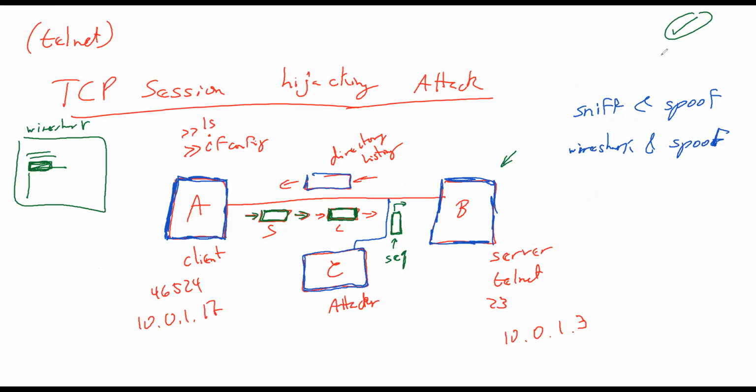All right, so that's basically the scenario. Now, what are you going to try to achieve? If it's a TCP session hijacking and you have a telnet connection, what do you think would be the goal? In the previous one, we just wanted to break the session, but here we're not trying to break the session anymore. We're going to try to do something else.